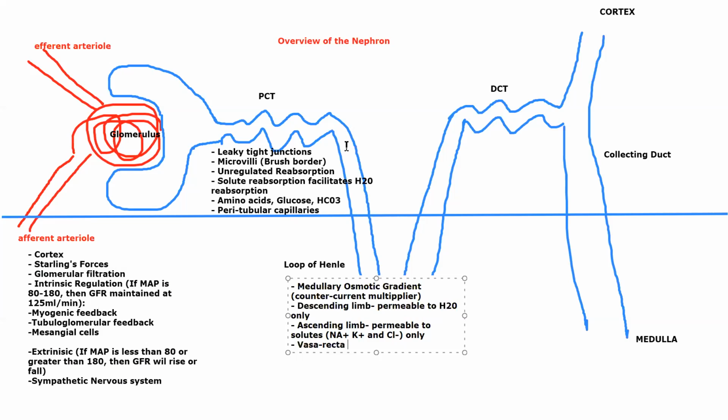So as we go in this direction in the tubules, descending to ascending, in the vasa recta, we're going in the opposite. So the ascending limb of the vasa recta is in contact with the descending limb of the loop of Henle and vice versa. So have an understanding of that. Also, the role of urea. Okay, the role of urea in maintaining that gradient.